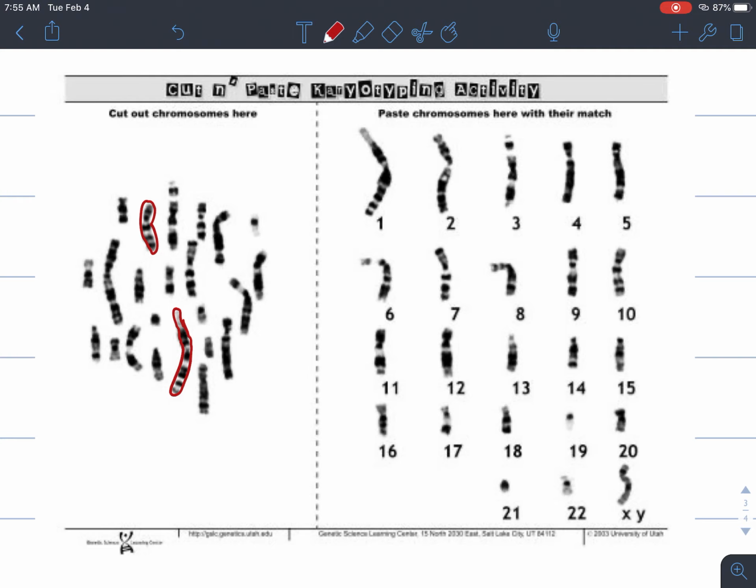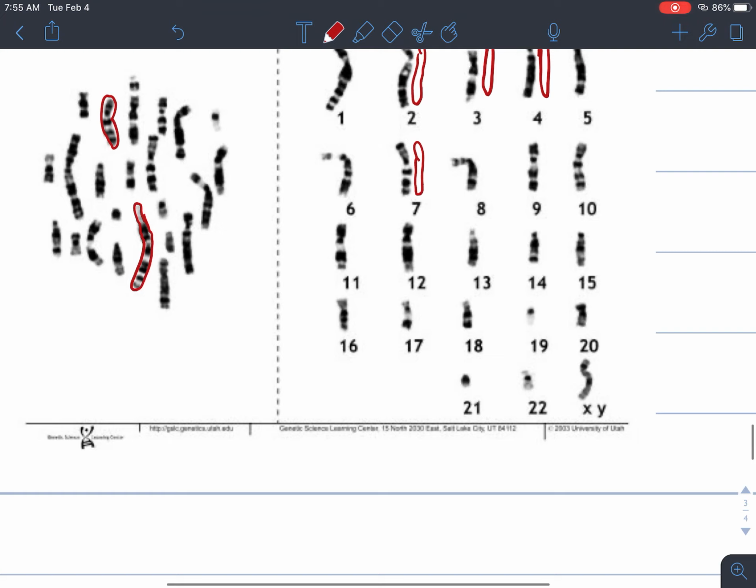But cut each one out, use some tape to then match each one up so that each of these chromosomes over here have their homologous friend sitting next to them. And then it's your job to determine if this person is going to be male or female based on whatever chromosome you have left over, if it's going to be an X or a Y.